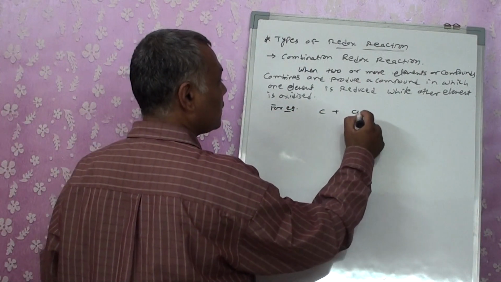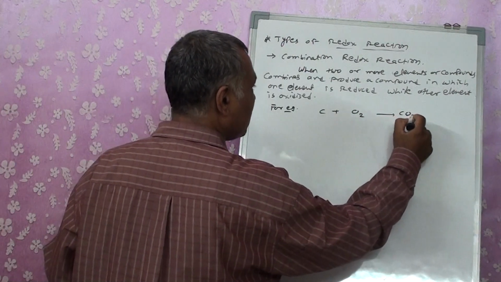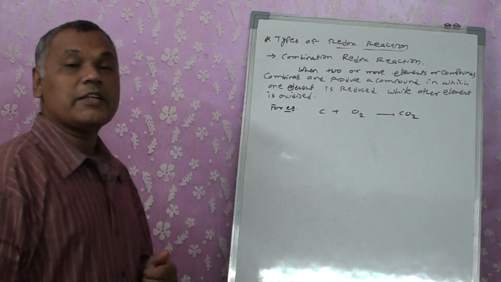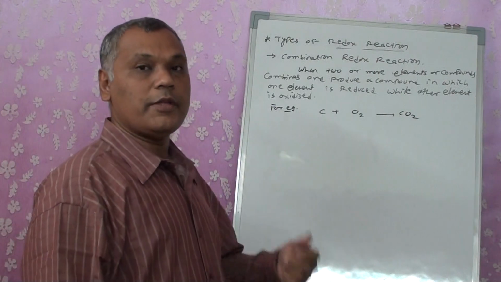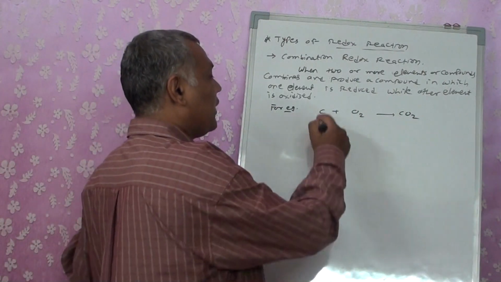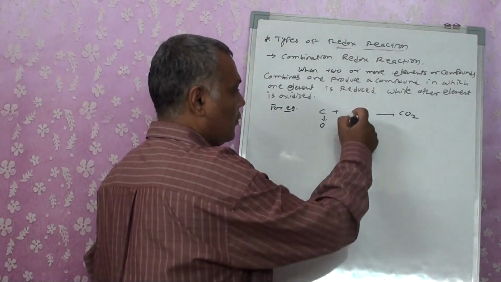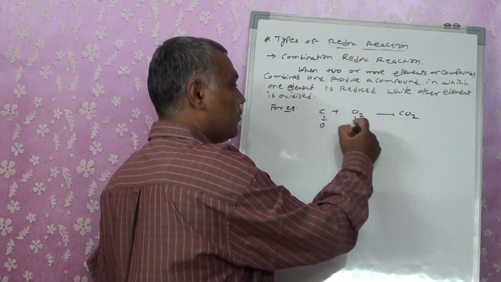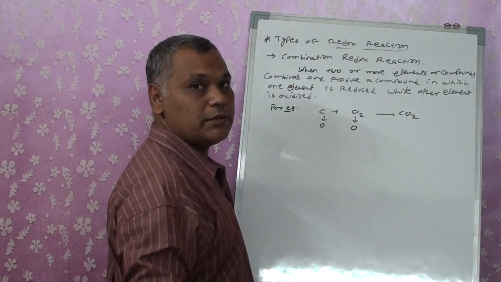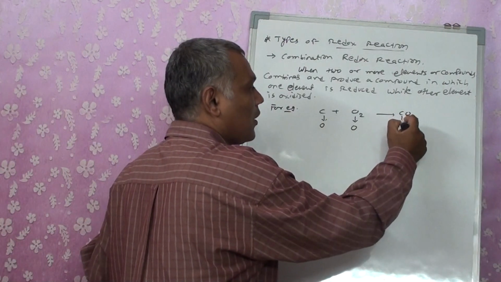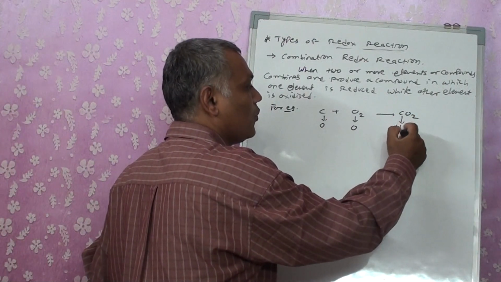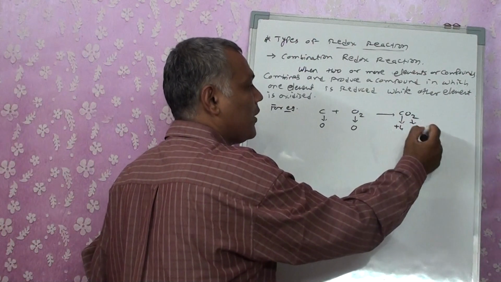C plus O2 gives CO2. Now, as per the rules of the oxidation number, it's an element, so its oxidation number should be 0. Molecule, oxidation number is 0. But carbon in the form of compound is plus 4, oxygen minus 2.